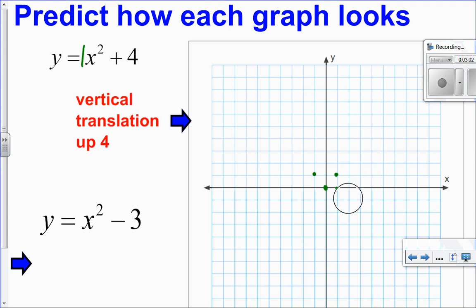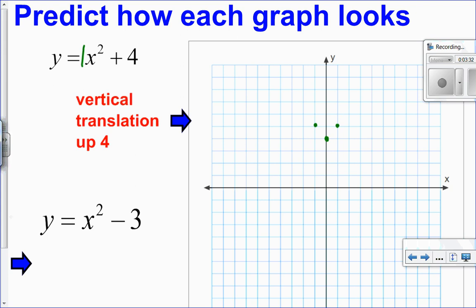So let me just remove my trace points there. So what I'm doing is I'm really taking these points here and I'm going to move them all up 4 units. So I'm going to take this point, and the other point, and I'm just going to move them up 4 units. So let's look. I'm going to go up 1, 2, 3, and 4. So that's what my graph should look like if I've done it correctly.